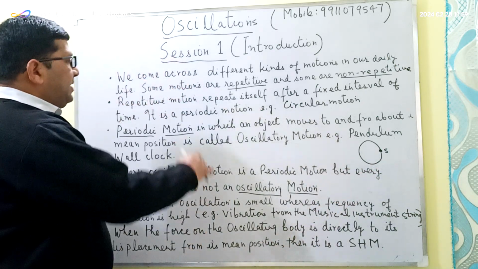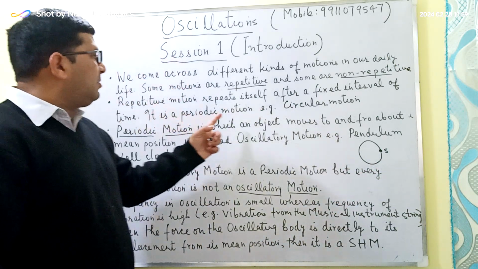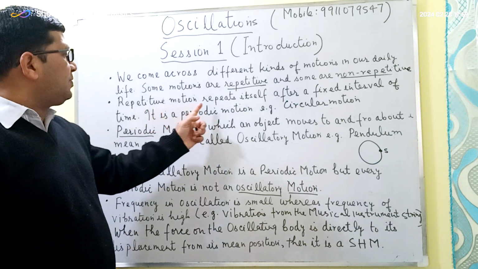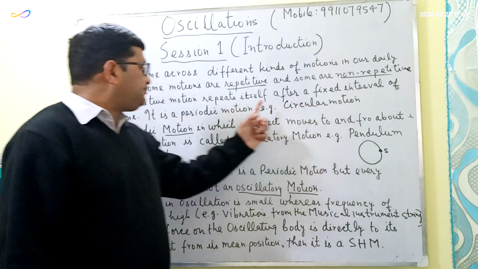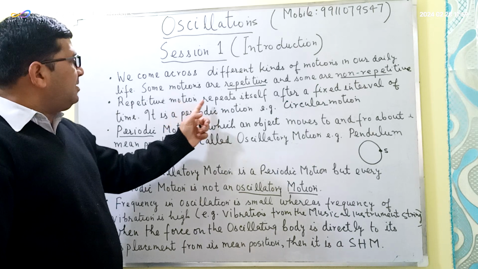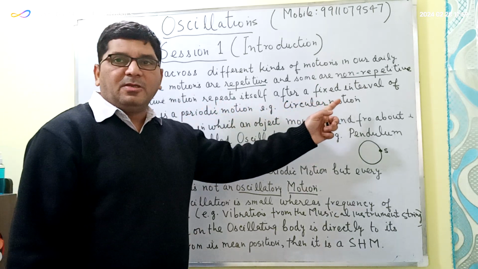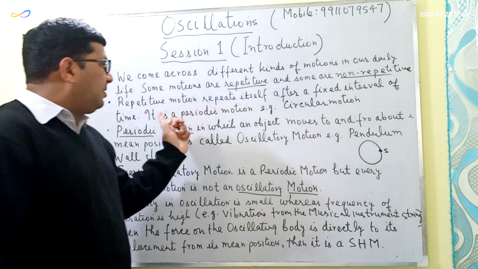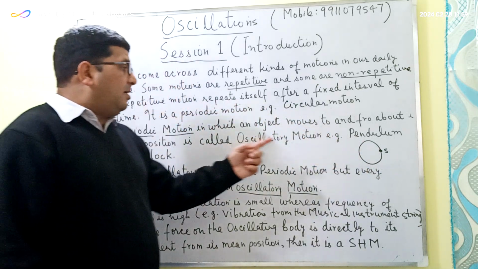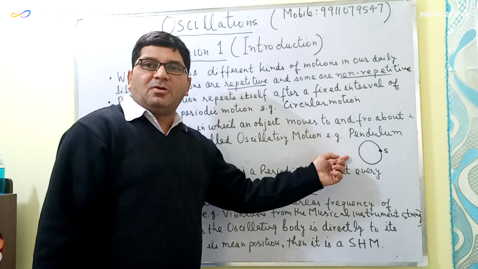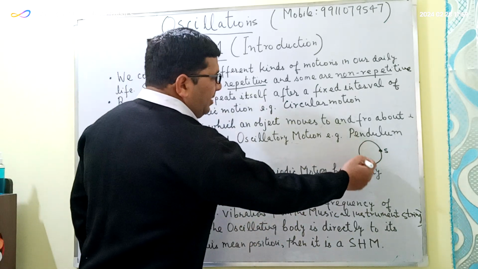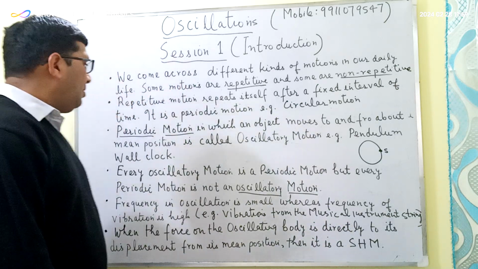So a repetitive motion is a motion in which the motion is repeated after a fixed interval of time. So circular motion is an example of a repetitive motion. Now repetitive motions are also called periodic motions. So a circular motion can be termed as a periodic motion also.